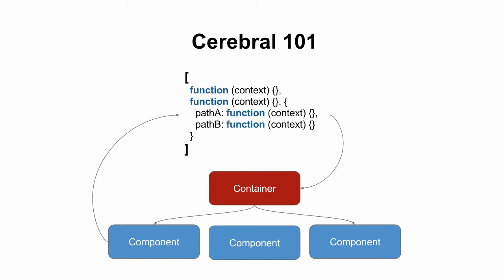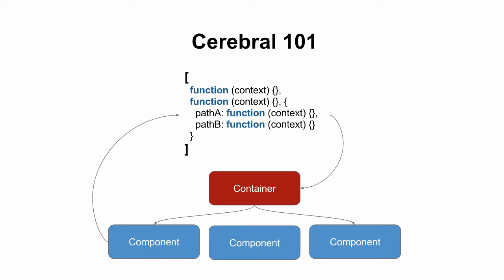So the point here is that when a component triggers a Cerebral signal, it triggers something we call a function tree execution. And the function tree execution is basically just a tree of functions. And these functions get a context injected, and the context contains APIs for whatever you want really. But by default, it's for changing state.